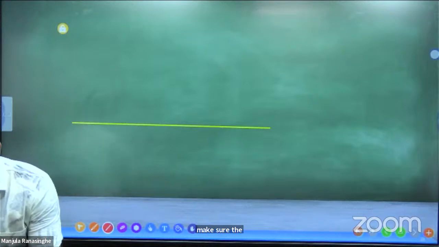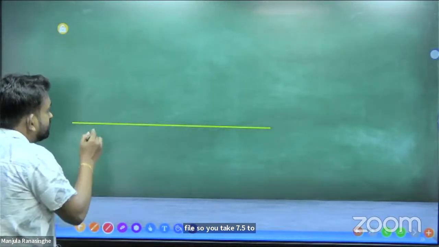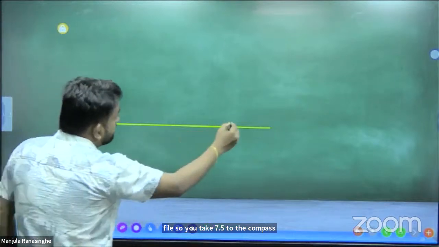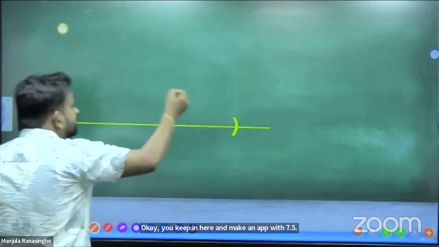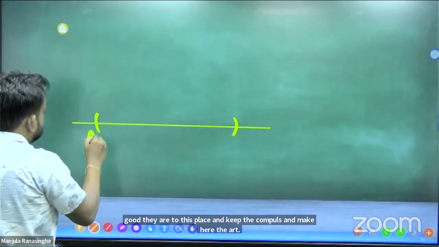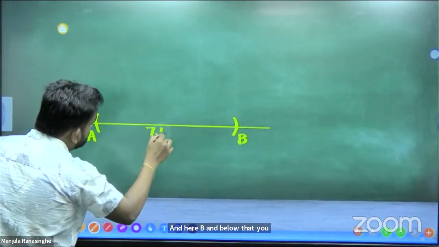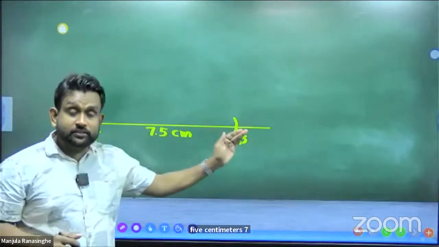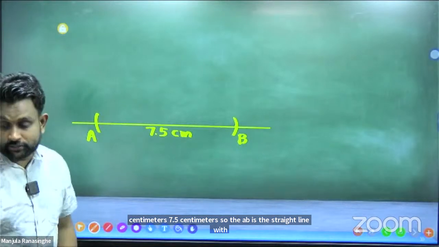That is 7.5. So you take 7.5 on the compass, keep it here and make an arc. Then go to this place, keep the compass and make an arc here. Now name this A and this B, and below that write the length 7.5 centimeters. So AB is the straight line with 7.5 centimeter length. Okay, complete it.